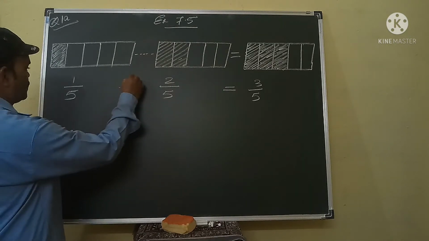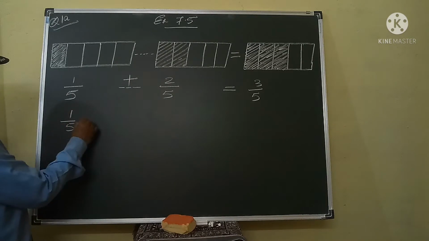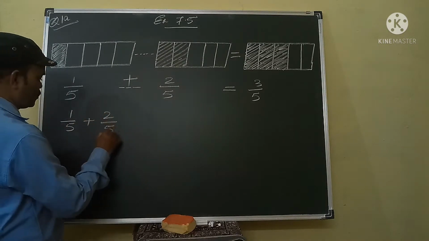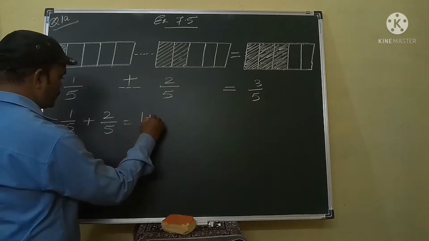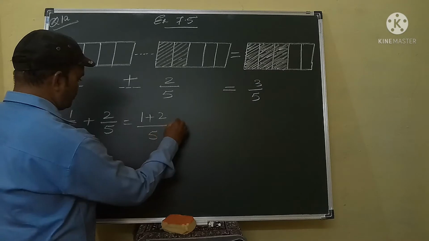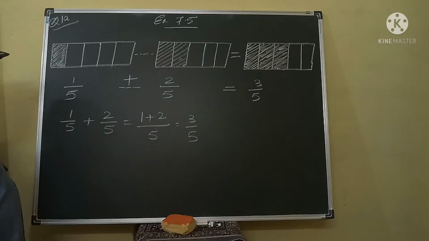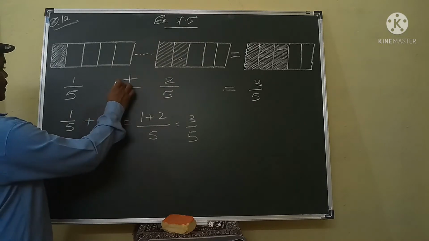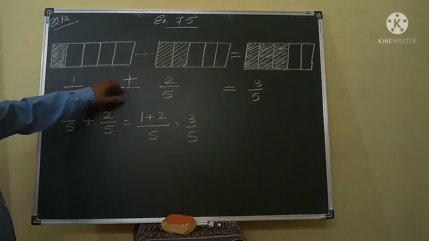That means there will be plus. 1 upon 5 plus 2 upon 5 is equal to 1 plus 2 upon 5, that means 3 upon 5. So in the blank space there will be a plus sign.